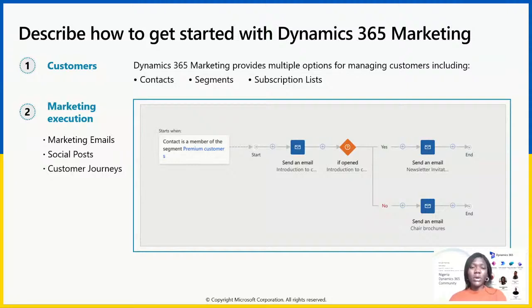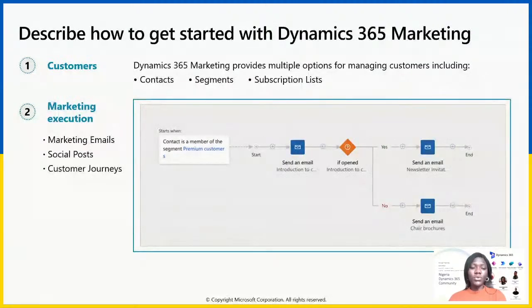When we talk about social posts, we're talking about your posts maybe on Facebook or Twitter. Customer journey is how your customers interact with your content, shown graphically, like the diagram you can see on the screen at the moment, which describes a customer journey based on specific segments.